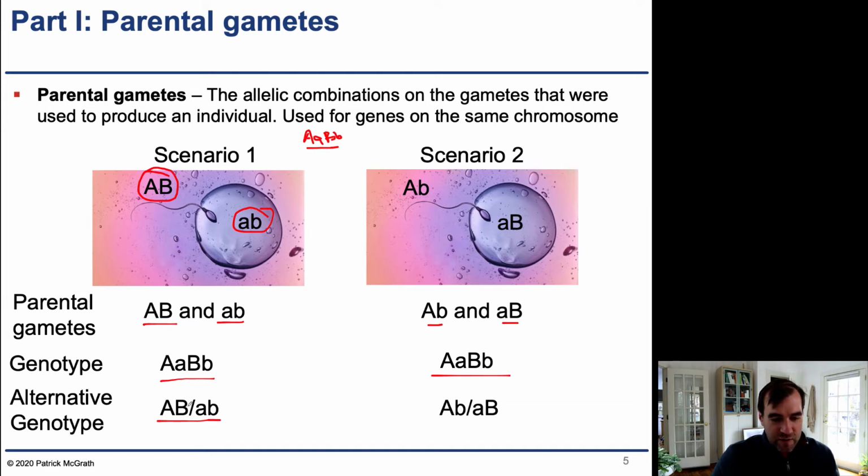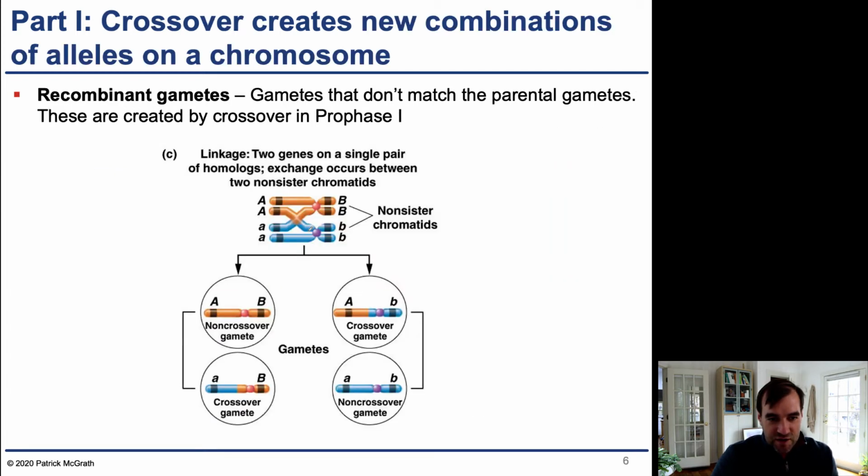Basically that is the parental combinations of the alleles. You can see this matches this and this matches this, whereas in this case, this matches this and this matches this. So if you see something written like this, you should assume I'm dealing with a situation where the two genes are on the same chromosome, and I'm providing extra information about the original parental combination of these alleles.